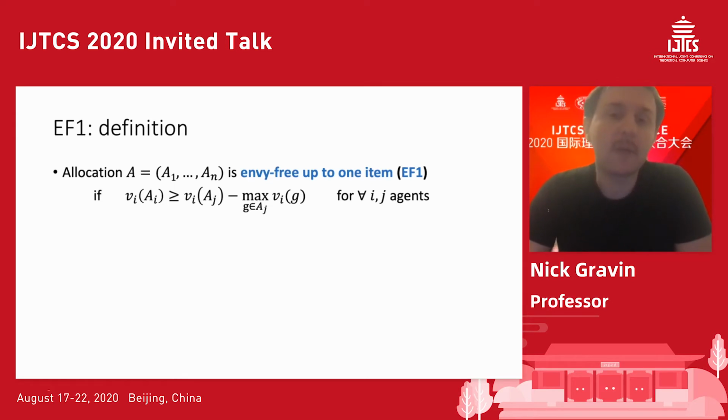Okay, so this notion is basically for some item in the bundle A_j. And we can as well remove the item with the maximum value, right? It would minimize the right-hand side of the inequality.